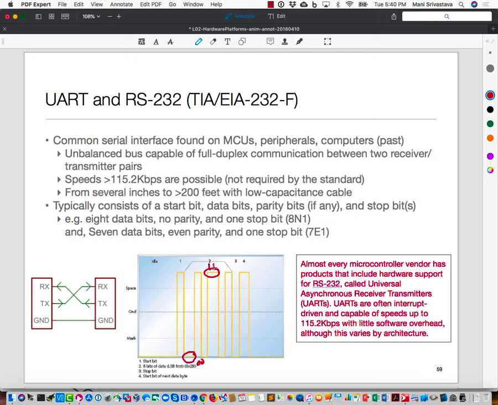And then at the end, I need to have a parity bit, so that's parity. And then finally the stop bit. Sorry, nope, I got it wrong.